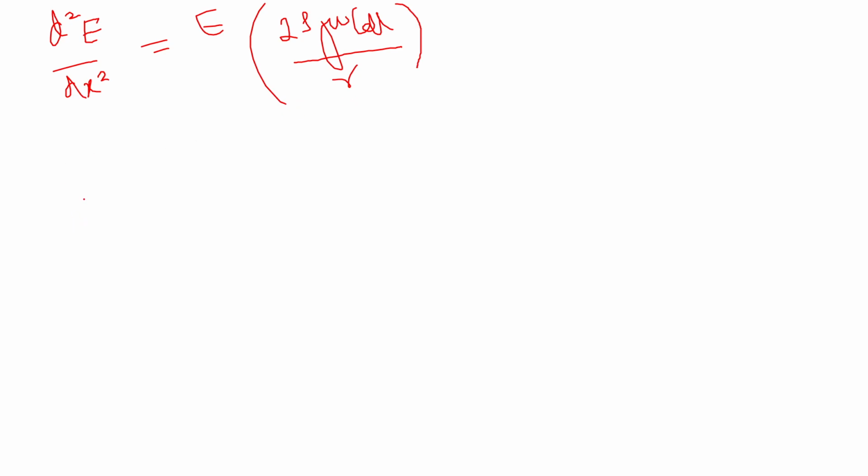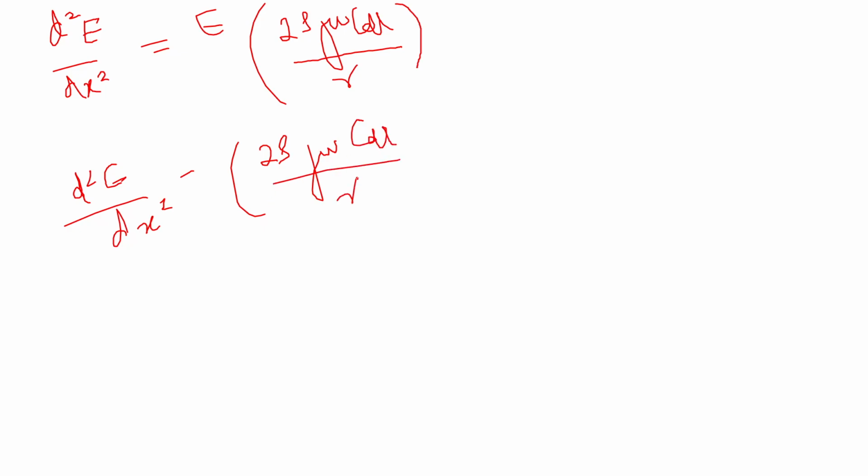Okay, so if I write this again, d square E by dx square minus m square into E. So this is of the form d square y by dx square minus m square into y.